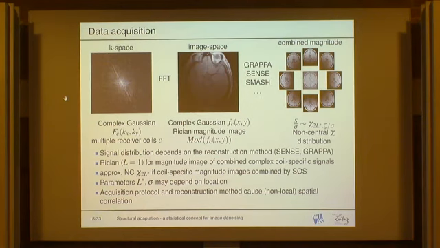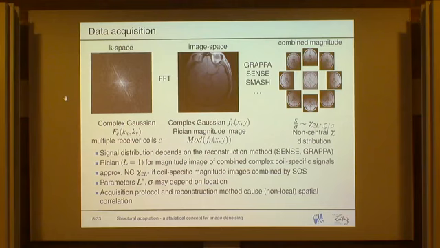Okay, that's the explanation of the data. So data acquisition in MR is done in k-space, and k-space information is translated into image space by a fast Fourier transform. These recordings are done on a multi-coil, usually 24-32 coil system.